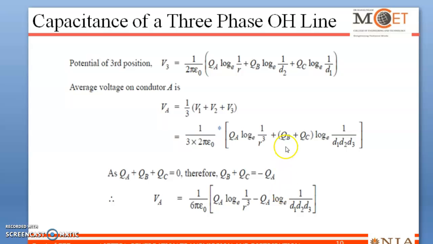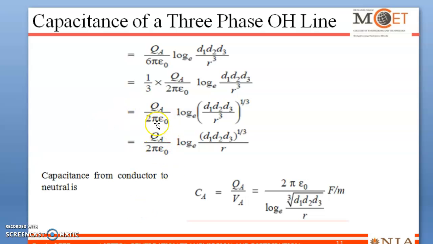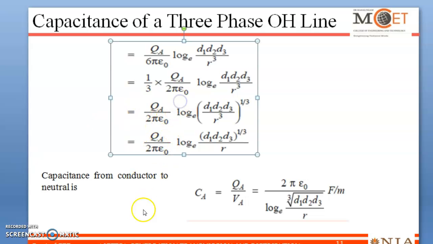That value is substituted in this equation, and we get 1 by 3 times 1 by 2 pi epsilon naught, and then the QA value is log E 1 by R power 3 minus QA log E 1 divided by D1, D2, D3. Okay, this is the voltage equation of the three-phase unsymmetrical line.